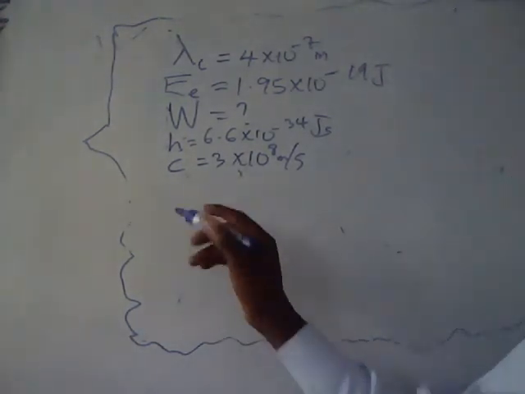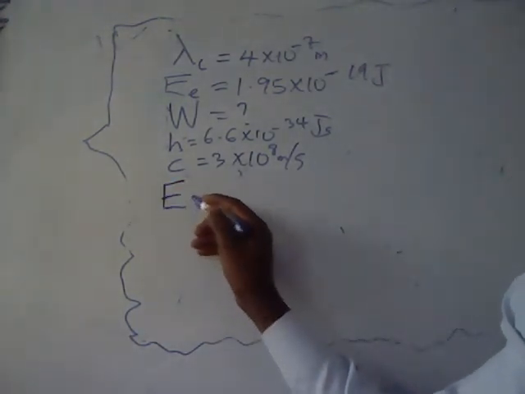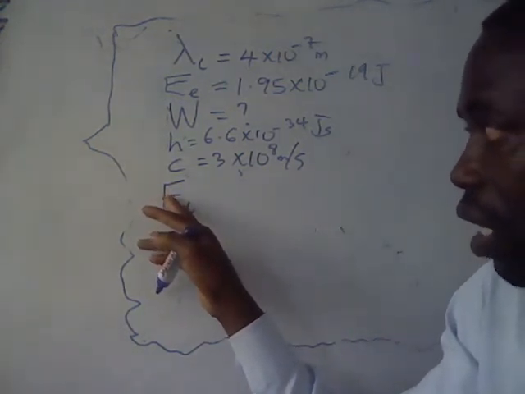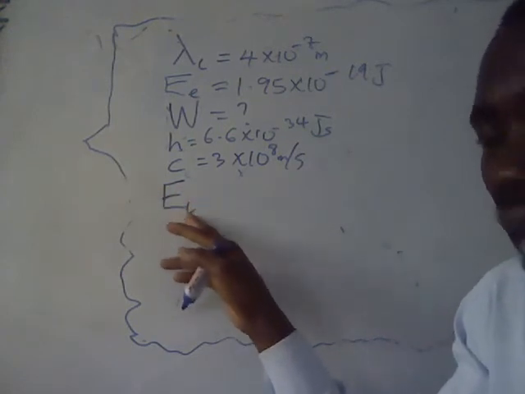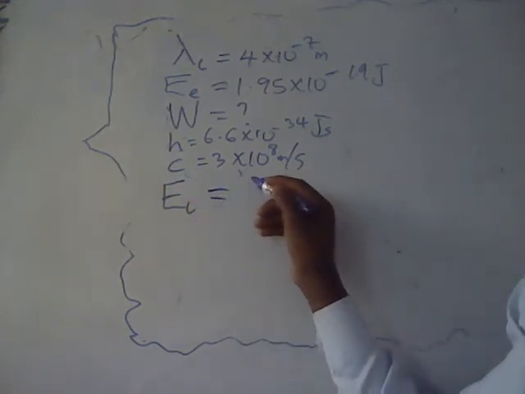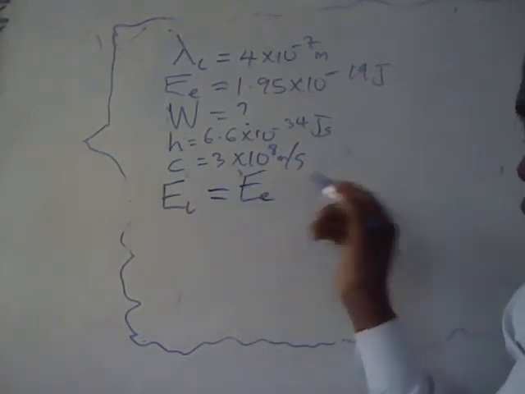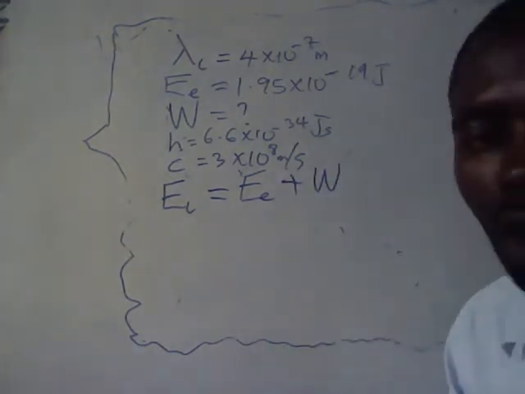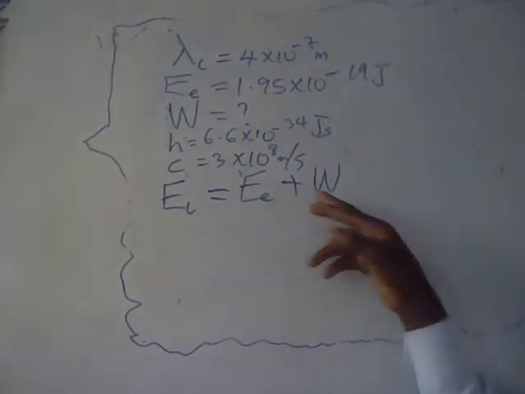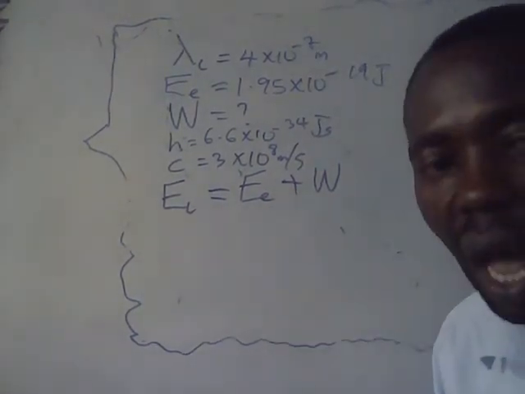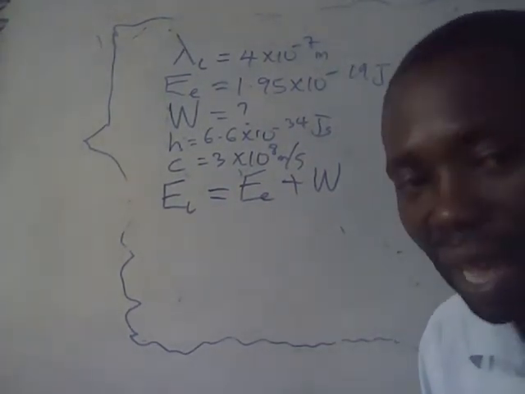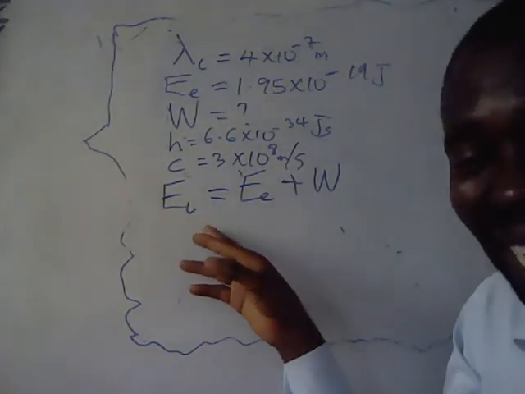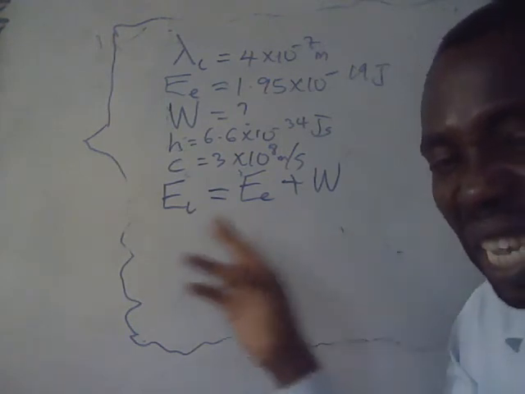So energy from the light, capital E subscript L, energy of the light equals energy of the electrons plus the work function of the metal. The sum of these two must be equal to this, according to Albert Einstein. Okay, so this is Albert Einstein's photoelectric equation, in case you are asked.